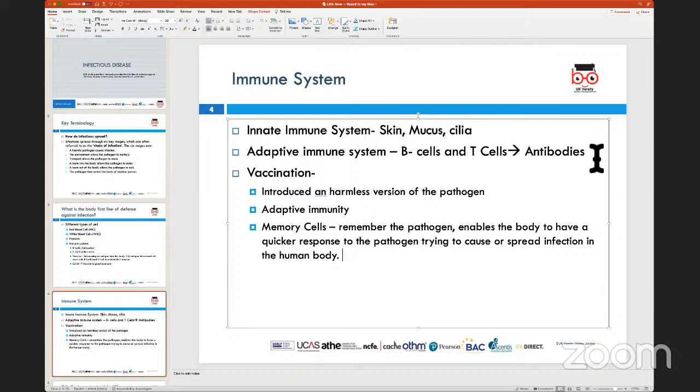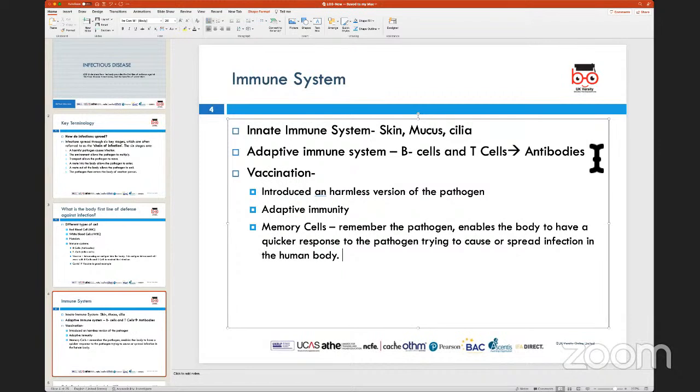So these are three different forms of immunity the human body would have. If I summarize, innate is the immunity that you're born with, that means something that you're born with and your body is aware of. Adaptive immunity is where the body's physical defense mechanisms fail, and the pathogen is seen to be breaching these physical defense mechanisms, where the body then produces what are called antibodies.